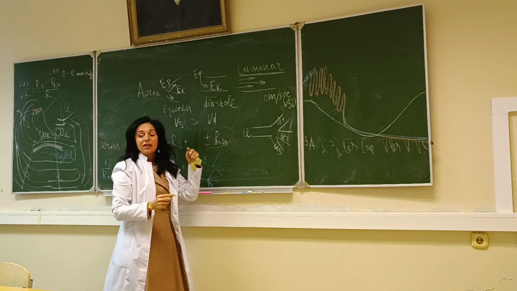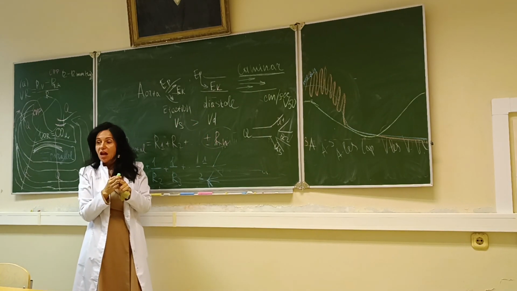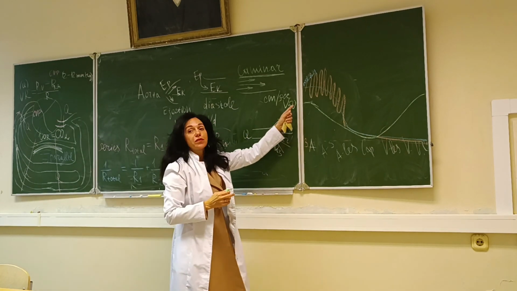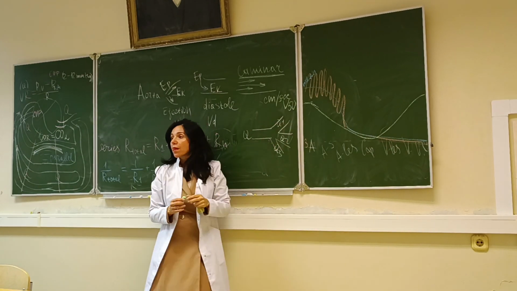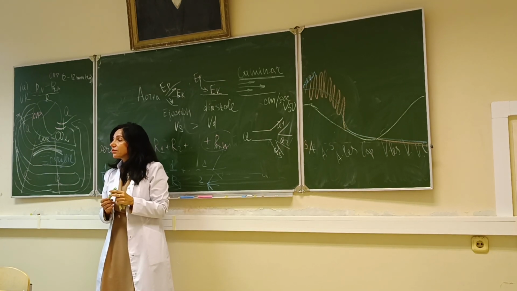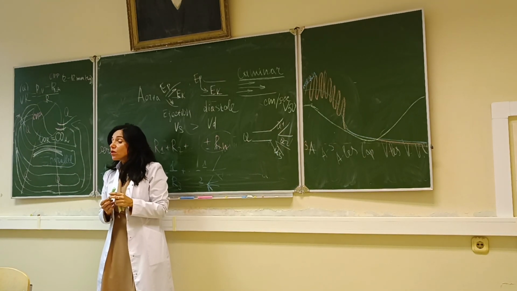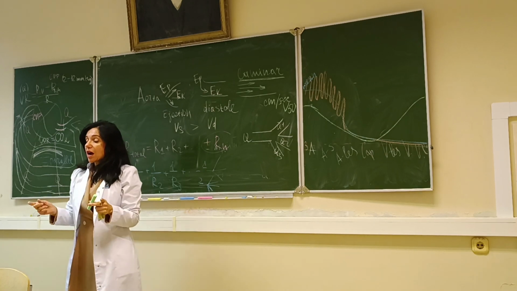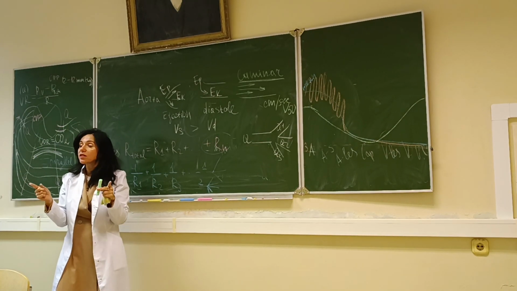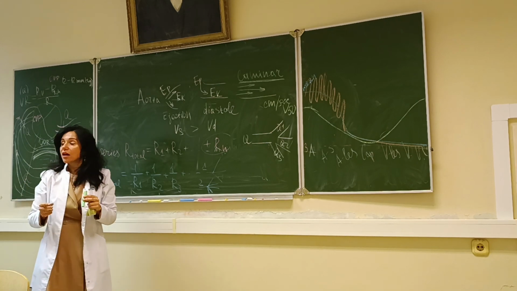So the central layer has the fastest speed, more than 50. A student asks: velocity means the sticking of the blood to the vessel wall? Velocity means speed. No, viscosity.